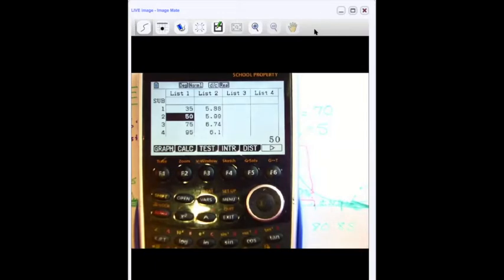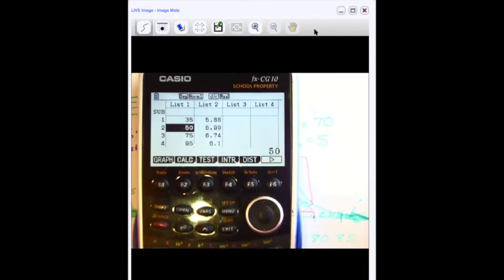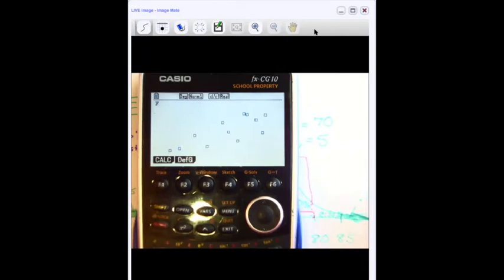Okay, so this is what your calculator should look like. You've got your data listed into your list 1 and your list 2, just the way it was in that chart. And if we want to look at the graph of this, we just have to press graph. So if we press graph right there, and graph again, sorry, it's going to show us what that scatter plot looks like.